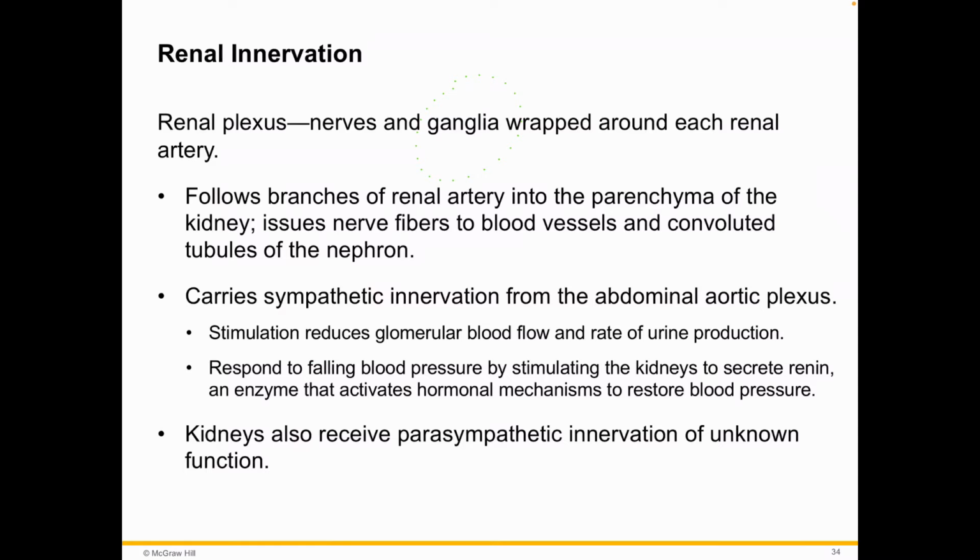The renal plexus is a complex of all the nerves and the ganglia that are wrapped around each one of the renal arteries. They are going to follow the renal artery into the kidney, and a lot of these nerve fibers are going to be picking up sensory information in terms of how the kidney is assessing maybe concentrations of salt, concentrations of oxygen, and all these other items that it's able to detect in the bloodstream.